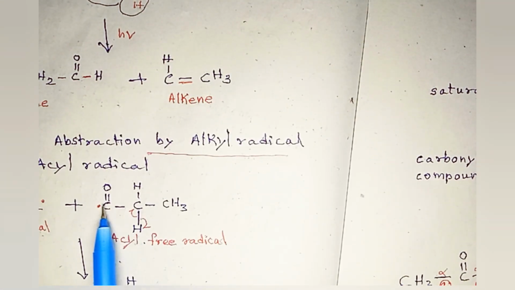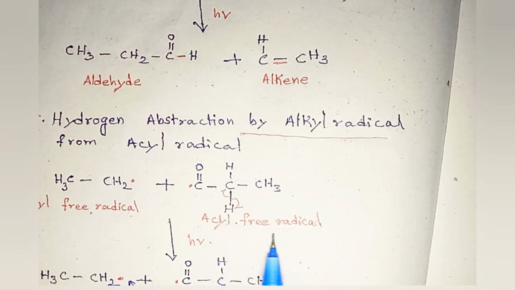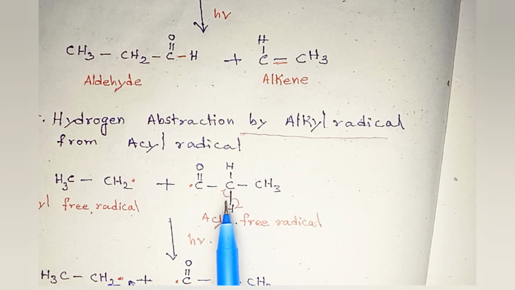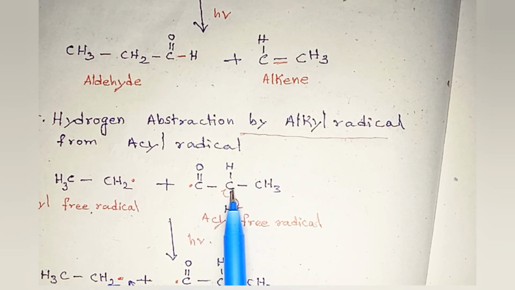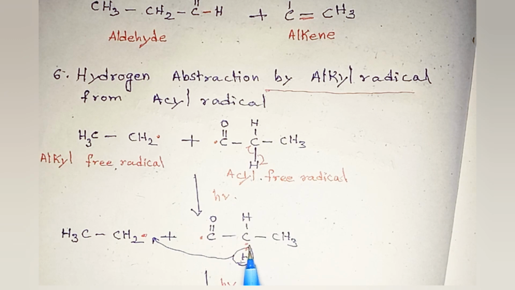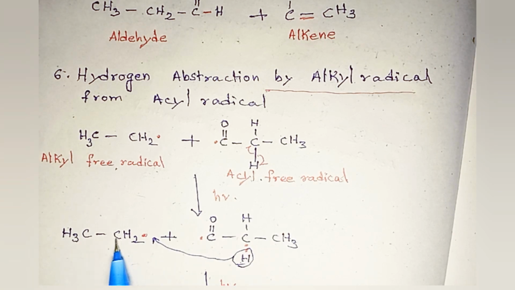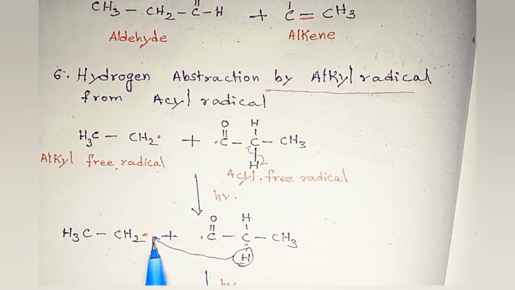CH3, CH2, C double bond O is acyl free radical. Here the bond between carbon and hydrogen cleaves, forming a radical here and a radical here. This hydrogen along with its radical is abstracted by CH3, CH2 radical.